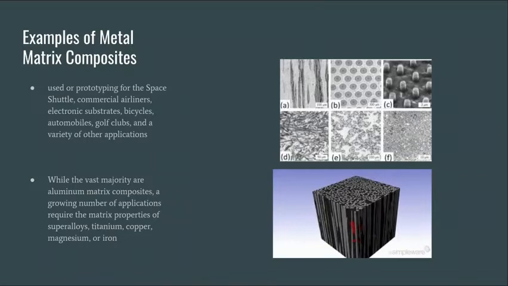And most of the metal matrix composites are made from aluminum, but there are now growing numbers of applications required for superalloys, titanium, copper, magnesium, and iron to be used in these metal matrix composites. So, like I said, you don't need to write this down, but these are just some examples of materials that you might see that are made from metal matrix and just what metals they would use as the matrix.